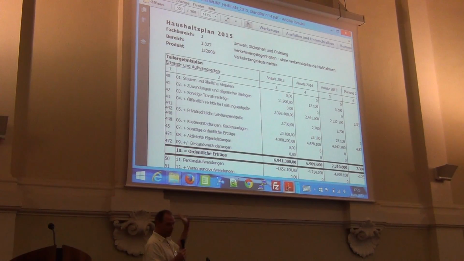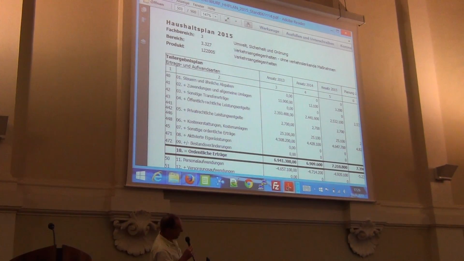So there's 4 pages per product. This is the, I don't know the English term, but it's basically the revenues and the expenses and the value of it. Then, of course, there's the balance, and there's a cash flow calculation. So this is what you get as a politician or as a citizen. This is what you get for this product.